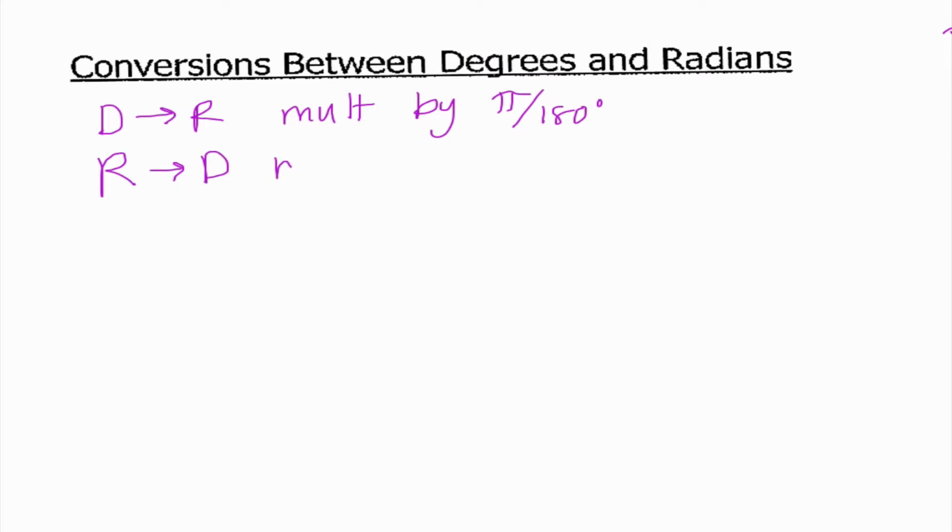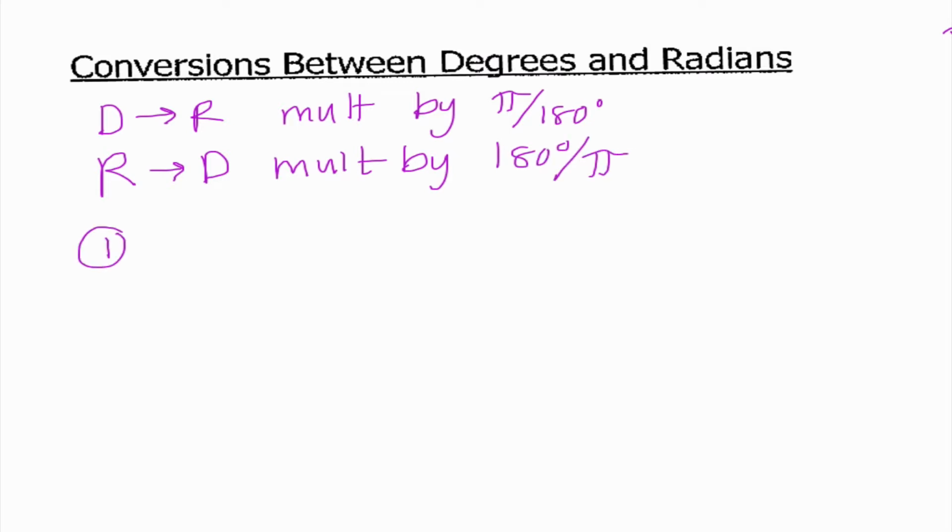So that means if I am converting from degrees into radians, I multiply by pi over 180 degrees. And the significance of that is that I know that pi and 180 are equal to each other, so this is just like multiplying by 1. If I'm converting from radians into degrees, I multiply by 180 degrees over pi.